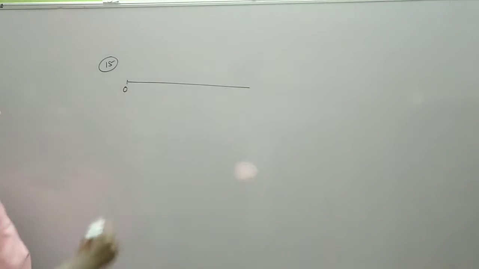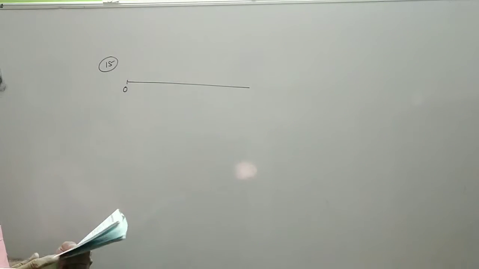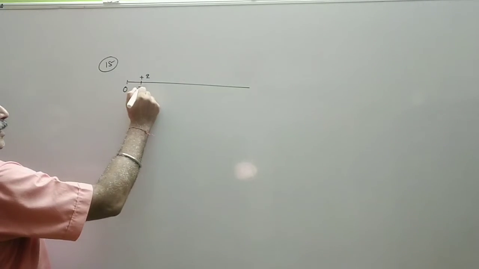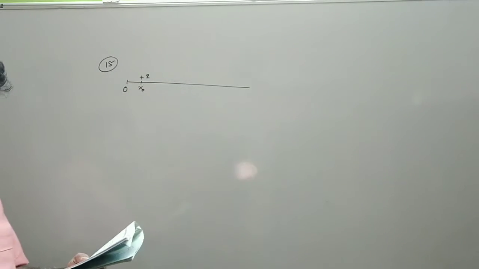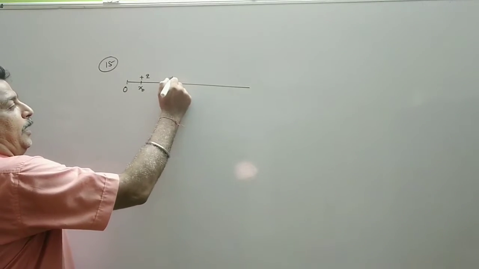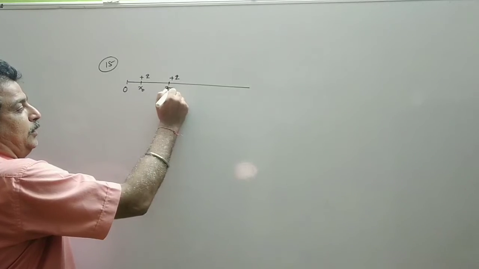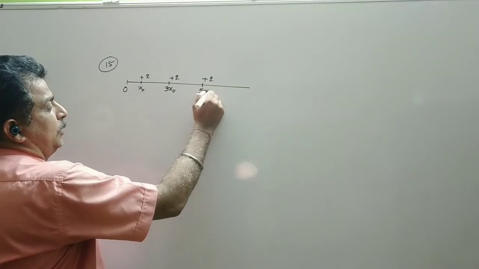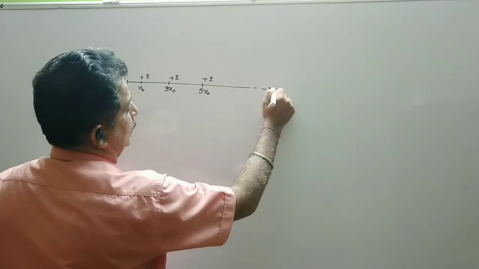Let us say this is the origin. So this is plus q charge at a distance x naught. Then we have another plus charge at 3x naught, then another plus q at 5x naught. Like this, the series is infinite.